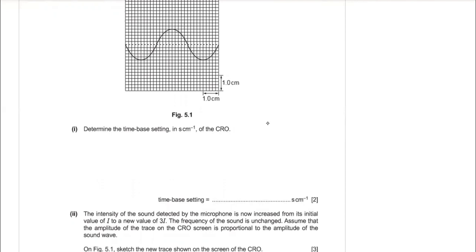Now for the time base, we're looking at the X displacement, horizontal displacement, whereas Y gain sensitivity looks at the vertical displacement. We've been given a scale here, so 5 small boxes is considered to be 1 centimeter.